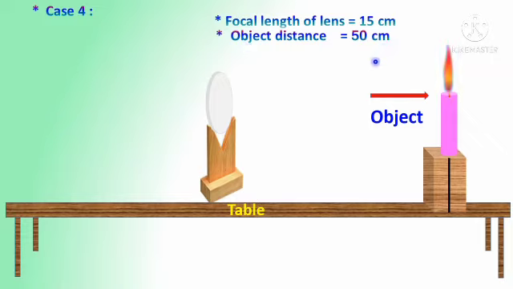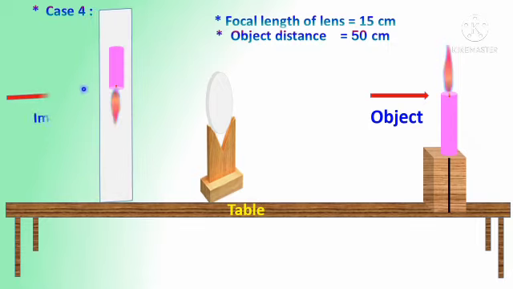Now bring the screen, white paper. Now let us move the screen slowly left to right. Then we can see the image on the paper, like a screen. The object is the same, but the image is inverted.